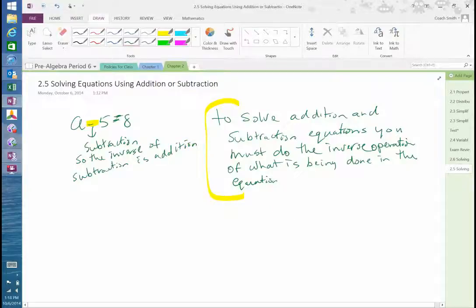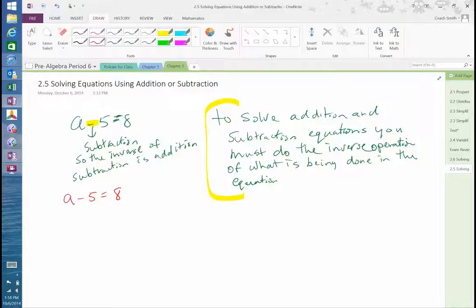Now, a minus 5 is equal to 8. If I do the inverse operation, what am I doing in this problem? What am I doing in the equation to a? I'm subtracting. What am I subtracting? I'm subtracting 5 from a.